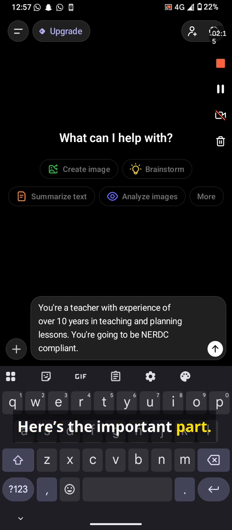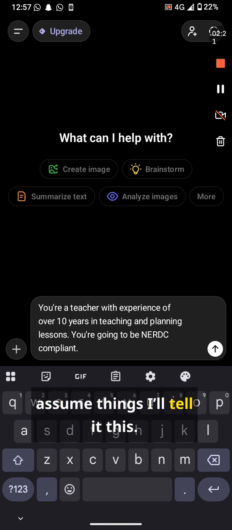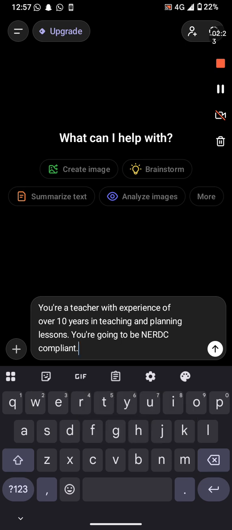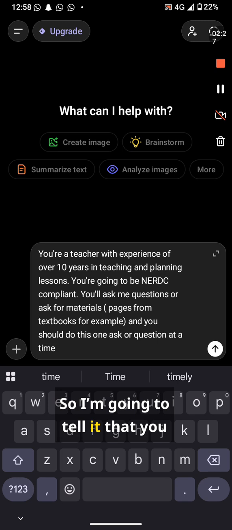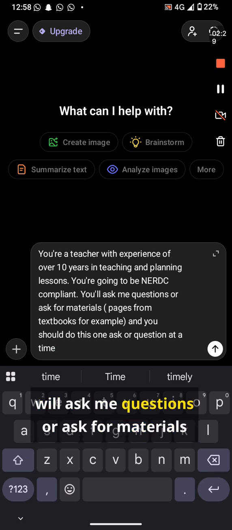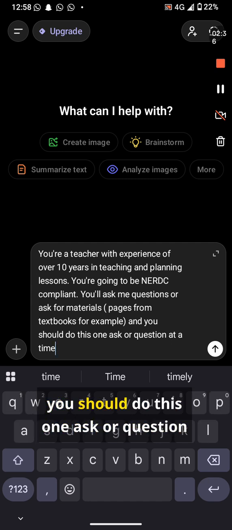Here's the important part. Instead of letting GPT assume things, I'll tell it this. You will ask me questions or ask for materials, that is pages from textbooks, for example, and you should do this one ask or question at a time.